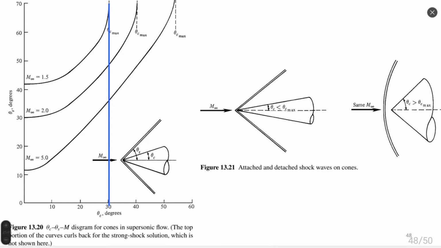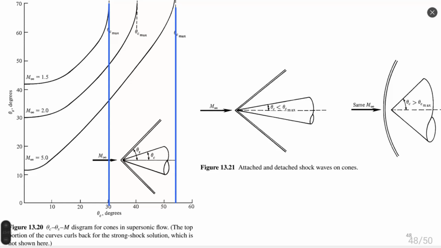We see that already for Mach 5 we can have a very big value of the body angle, I think something close to 54 degrees, the maximum possible angle of the body. For small Mach number, of course, this angle could be small, maximum 30 degrees for Mach 1.5.